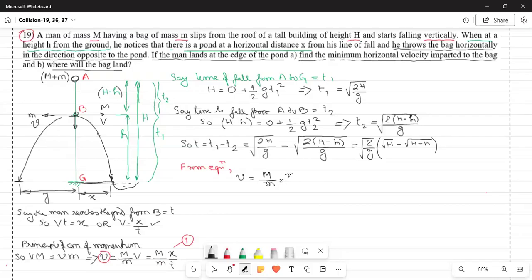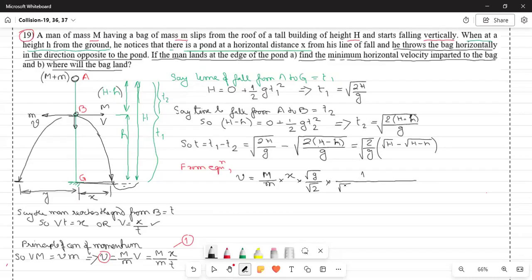Root g will go to the numerator, root 2 in the denominator, and root h minus root of capital H minus small h will come in the denominator.